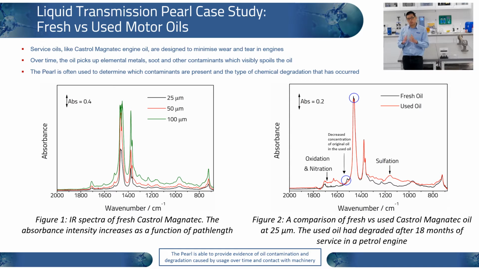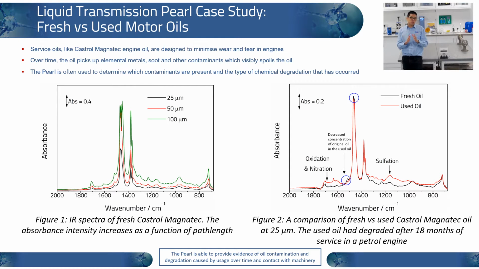On the right hand side, in figure 2, we use the 25 micron oyster cells to look at the degradation of the motor oil. So in the blue spectrum, we have a spectrum of fresh oil. In the red spectrum, we have used oil.